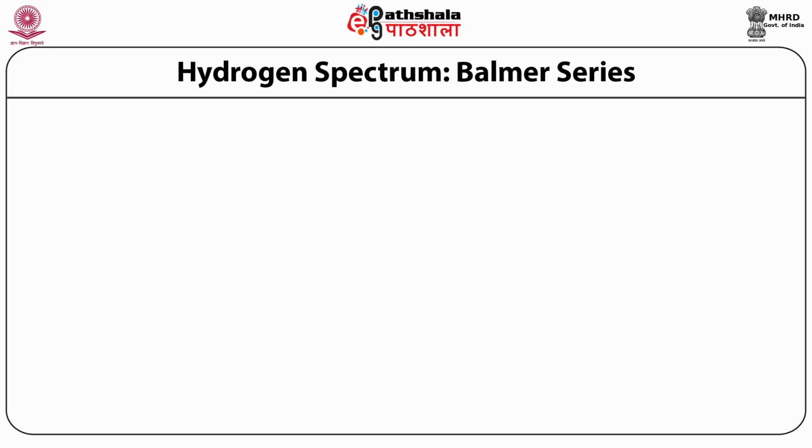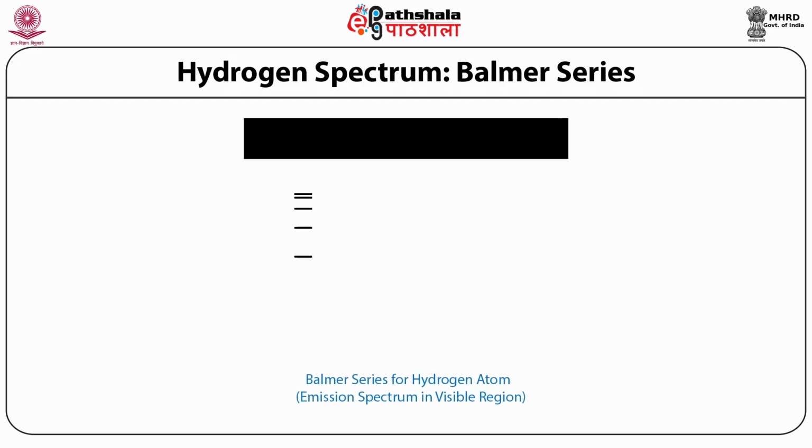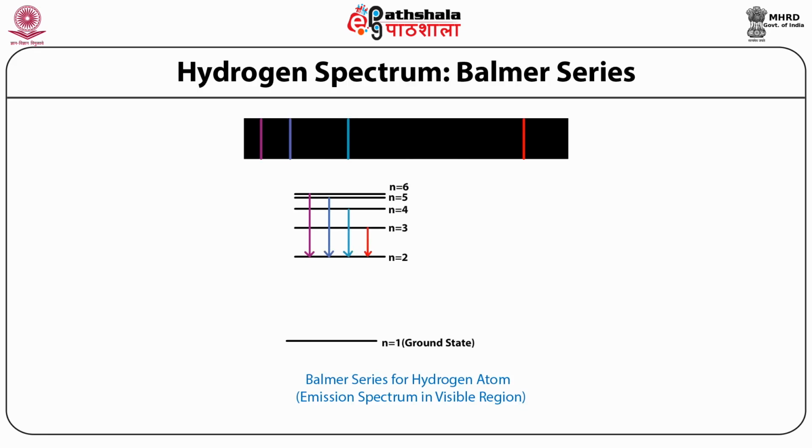So now on the screen you can see the emission spectrum in the visible region. That is, in other words, the Balmer series for the hydrogen atom. So you can very clearly see these lines. These are the emission lines, as I said, and the red line corresponds to the transition from n equal to 3 to n equal to 2, and the next one is from n equal to 4 to n equal to 2, and the next one on the left, more towards the blue region, is the blue line, and then the violet line.